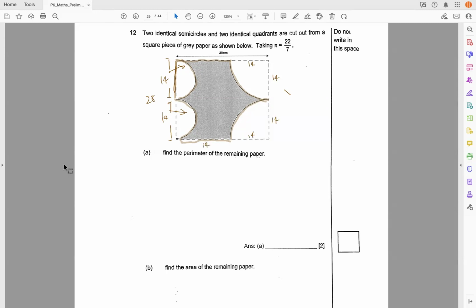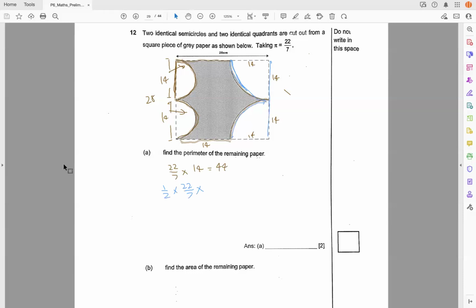Now, these two sides, this plus this will be the circumference of a full circle, pi multiplied by diameter. Diameter is 14. So this is 44. Next, we need to find this and this. This together is a semicircle. Two quadrants together make a semicircle. So it's half times pi times the diameter of this circle, which is radius 14, right?